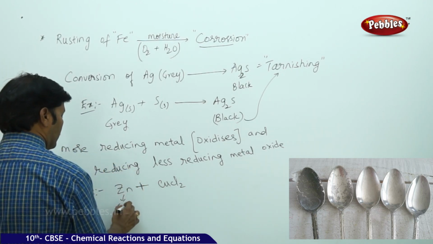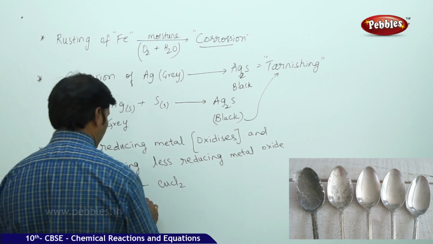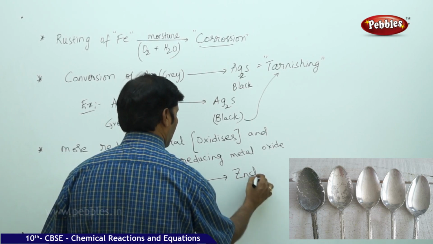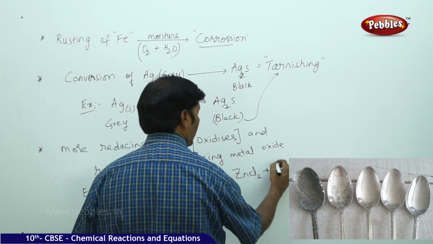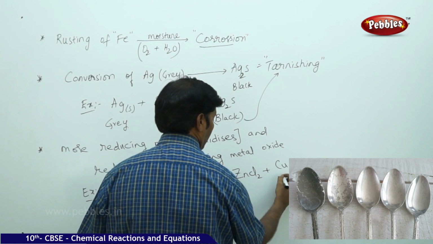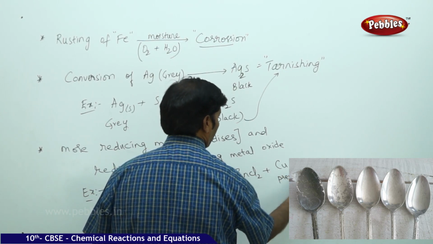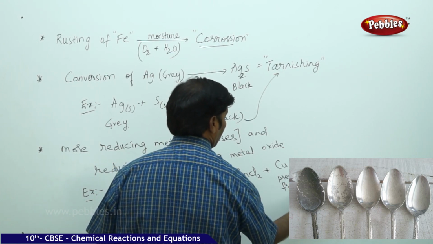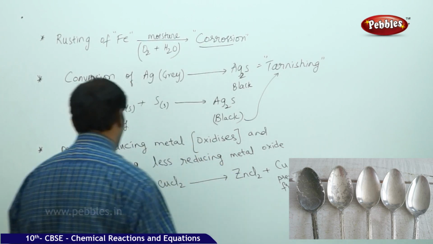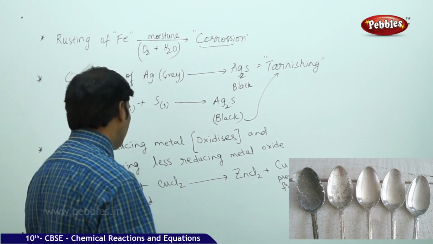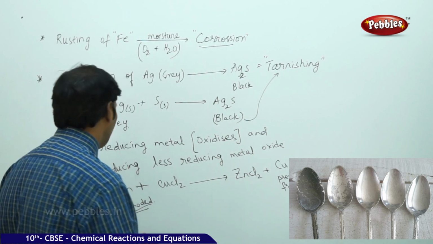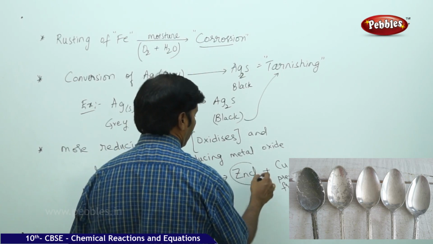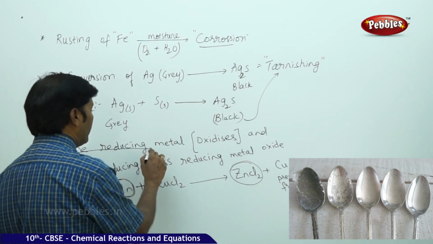Zinc gets corroded. Zinc chloride and copper, which is prevented from corrosion. This is called sacrificial metal reactivity. Sacrificial metal reactivity, we call it sacrificial metal reactivity.